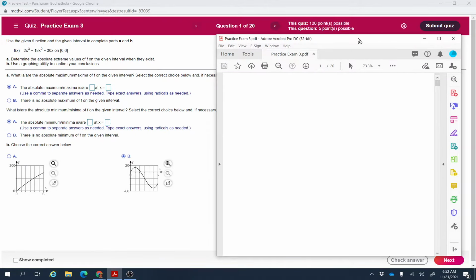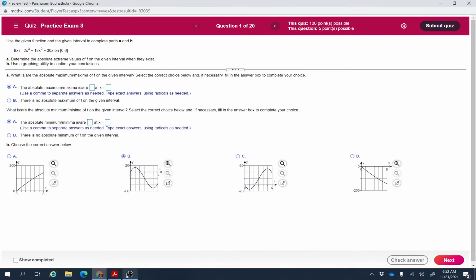To answer this question, make sure that you find the critical points and find the value of the function at those critical points and at the boundary points, and you compare them. The largest one will give you the absolute maximum, the smallest one gives you the absolute minimum, and by finding this information we can choose the right graph from the given options.